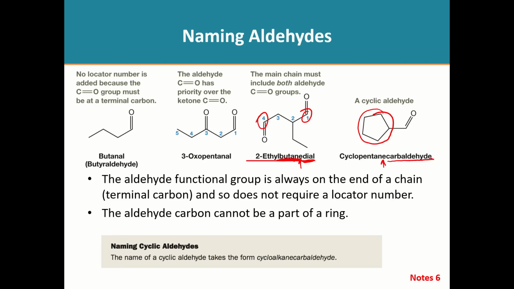So we add that. Okay. So that right there is kind of like the root and suffix all in one. When you have an aldehyde that's attached to a cyclic molecule here, it's called a carbaldehyde.